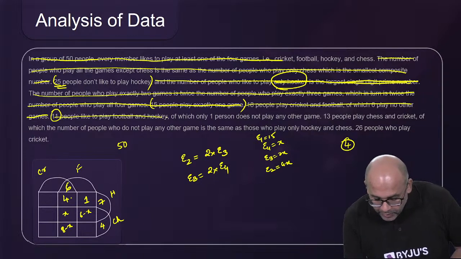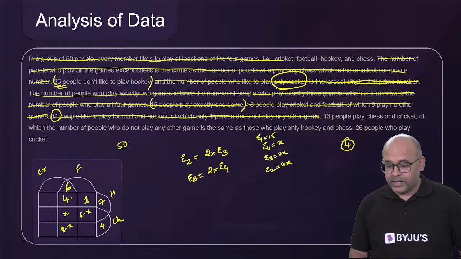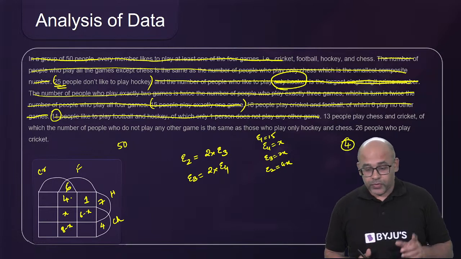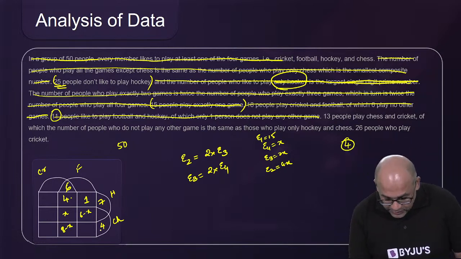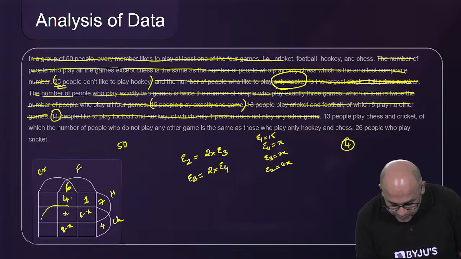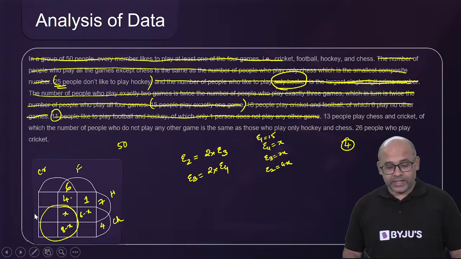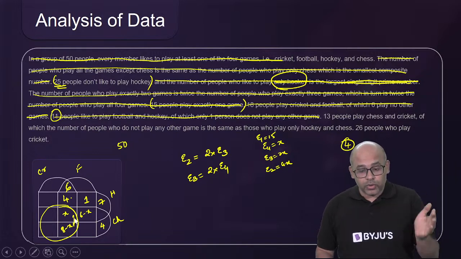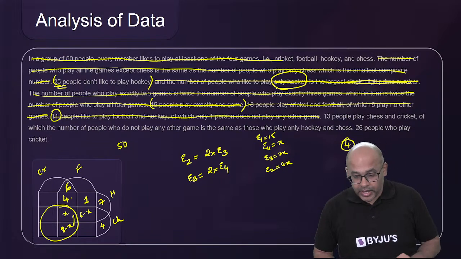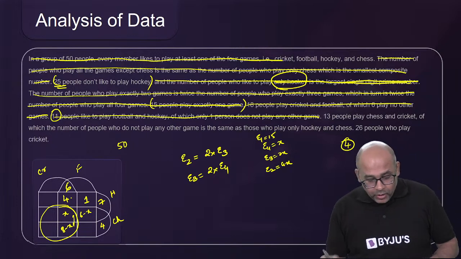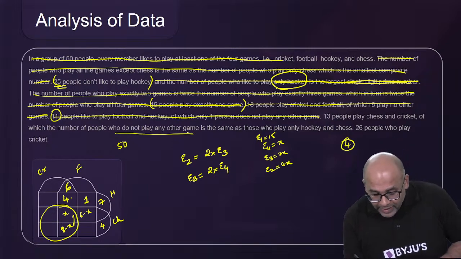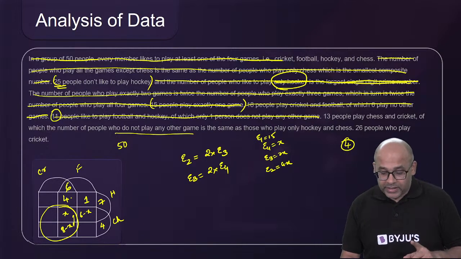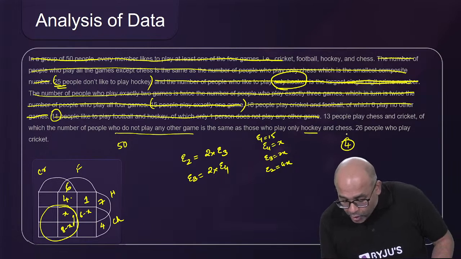So 11 people, of which only 1 plays football and hockey only. This is done. Next, 13 people play chess and cricket. Where is chess and cricket? This box. This total is 13, out of which we already got 8. Remember, the middle 2 boxes are 8, so the other 2 boxes total 5. Of the 13, the number of people who do not play any other game is the same as those who play hockey and chess.